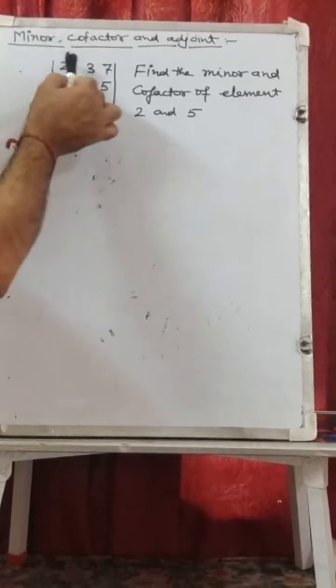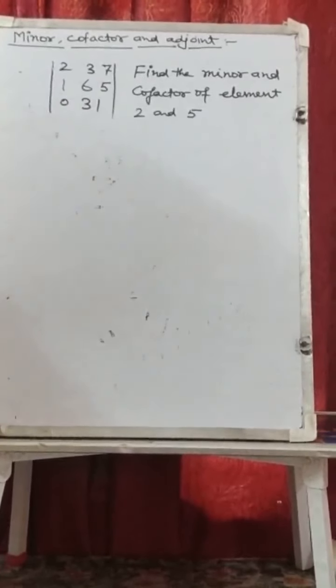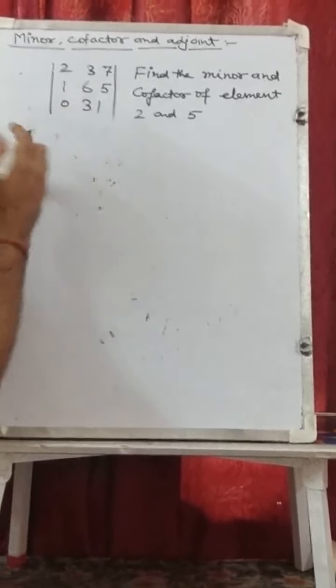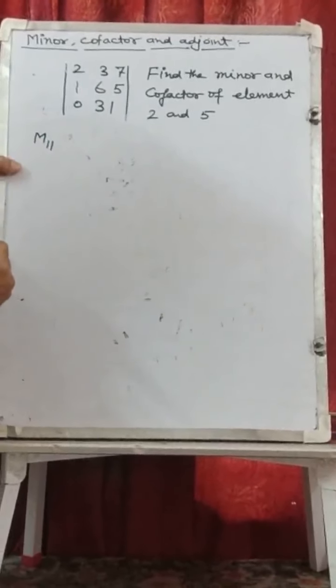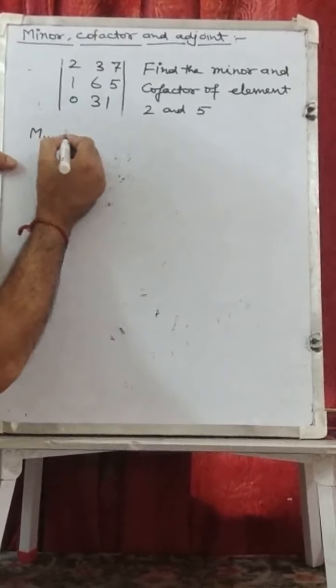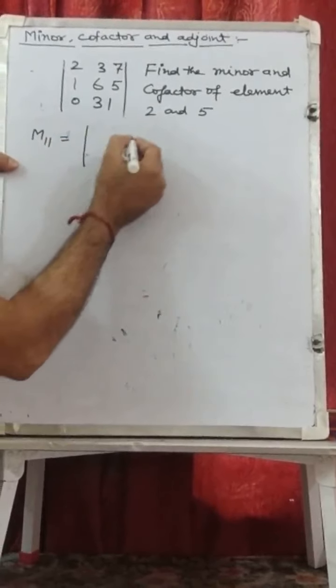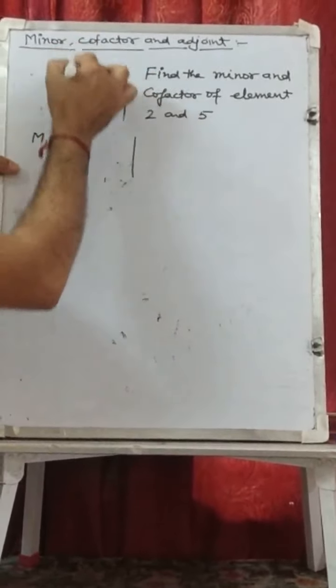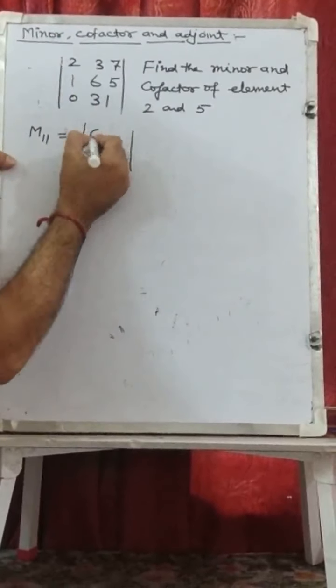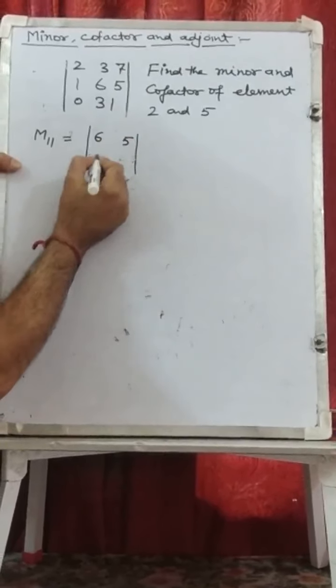It is the element of first row and first column. So firstly I am finding the minor for it. M11 will be the determinant obtained by deleting first row and first column, that is 6, 5, 3, 1.